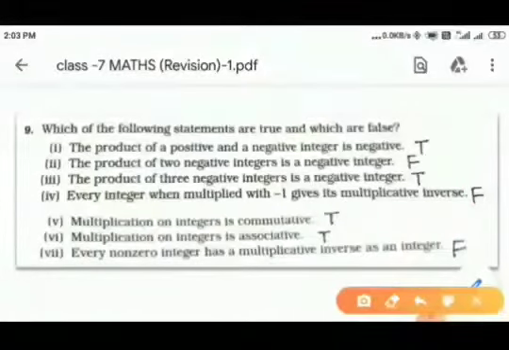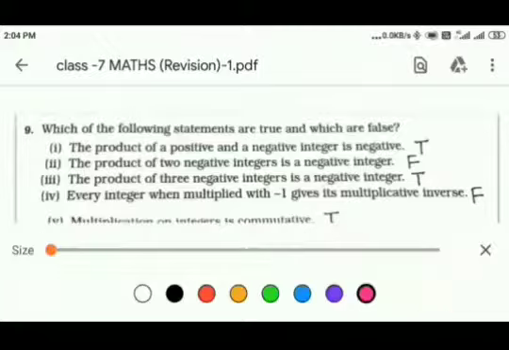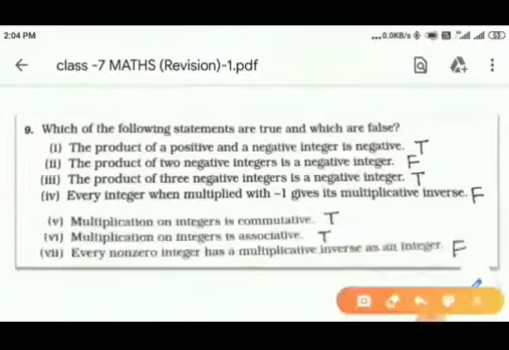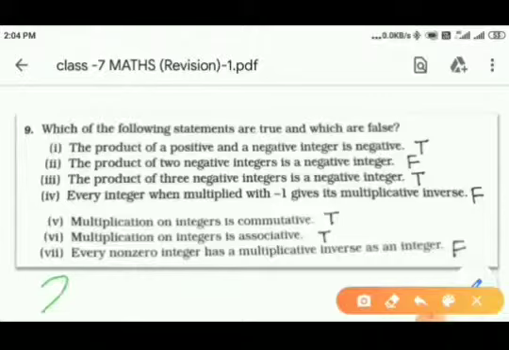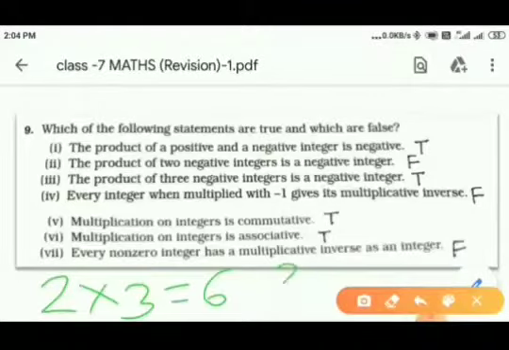The next one is multiplication on integers is commutative. Children, as we all know, for multiplication integers satisfy the commutative property, because we can multiply integers in any order, like 2 threes are 6 and 3 twos are also 6.